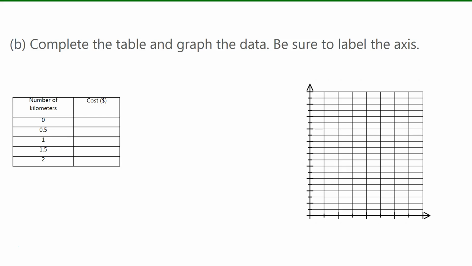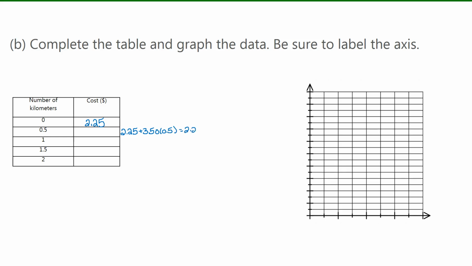Now for 0 kilometers, we can just say that that's just going to be the flat rate of $2.25. But for 0.5 kilometers, we'll fill that into the equation: 2.25 plus 3.50 times 0.5.